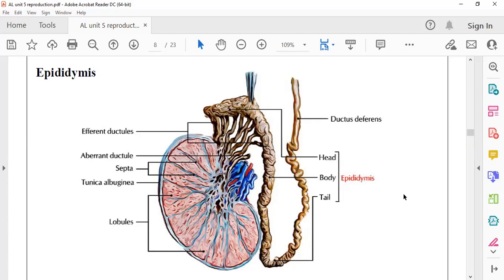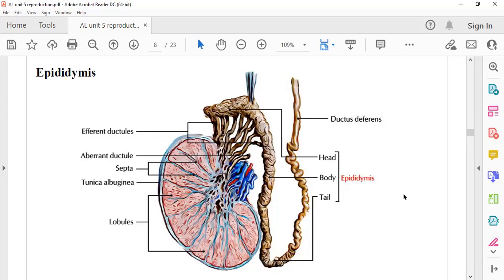Anyway, your book says seminiferous tubules join together and make certain tubes, and they join and form the epididymis. But those names are not in your syllabus: aberrant ductule, efferent ductule. No, those things are in your syllabus. Just to show you how the epididymis is featured, I picked this picture. Clearly showing, correct?